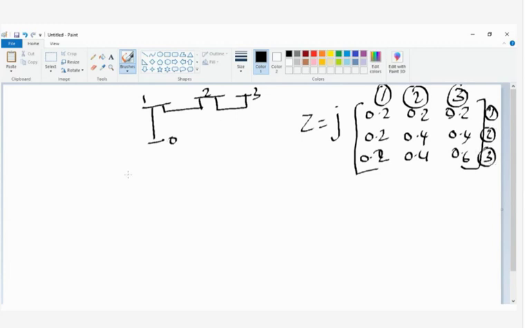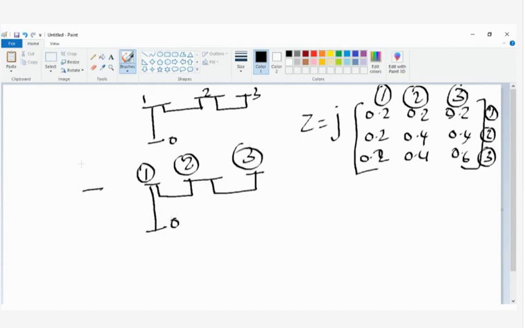Now the new bus that we are going to add here, maybe to avoid confusion, I will read out in between. We have a new bus and that is directly connected to ground. So what is the rule?